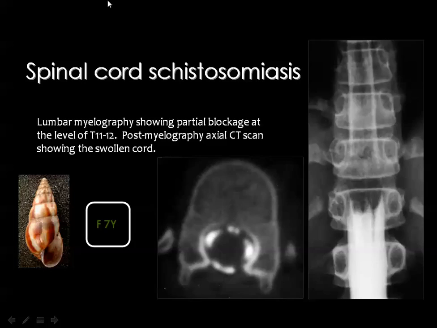The lesion is almost confined to the region of the conus medullaris and is frequently seen in patients in the first or the second decades of life. And of course, there are a lot of manifestations in the clinical picture related to involvement of the conus.